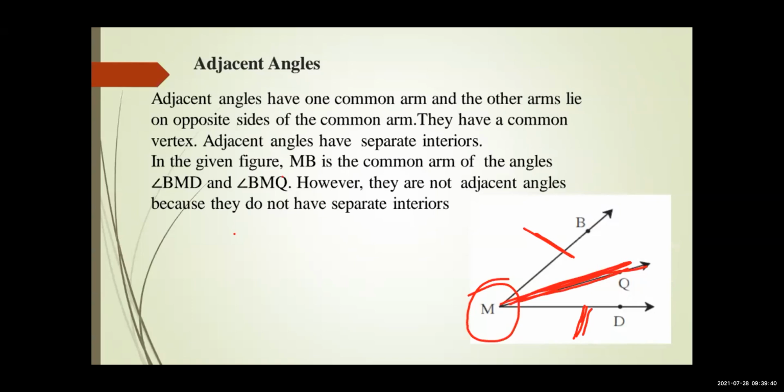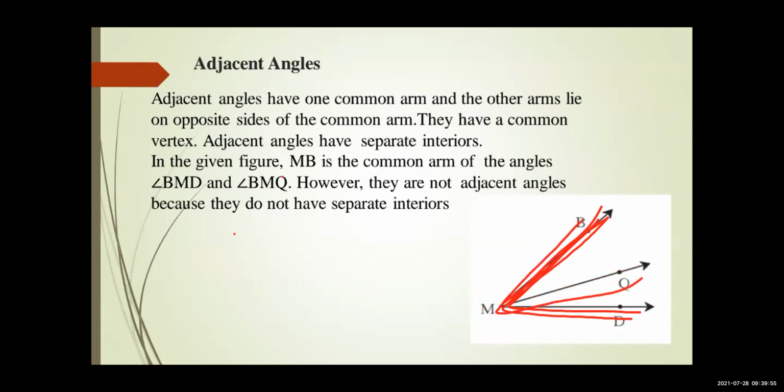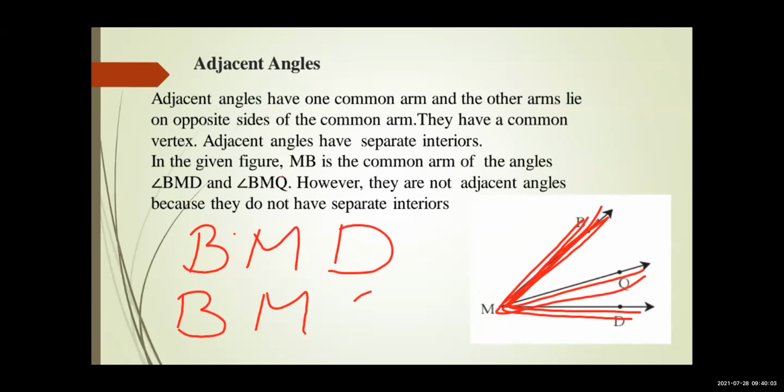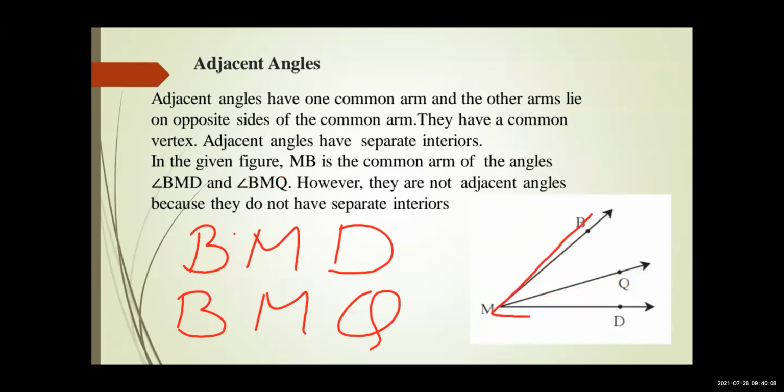Now in this figure, MB is the common arm of angle BMD and BMQ. If I take BMD and BMQ, you can see over here, once again I will draw BMD, BMQ. What is repeating twice? BM.